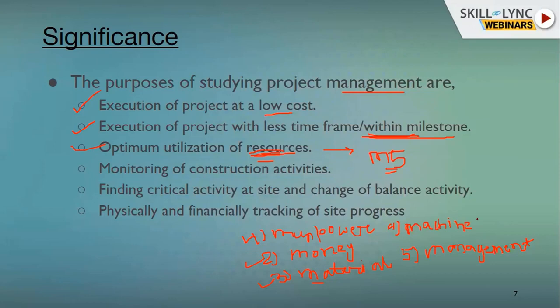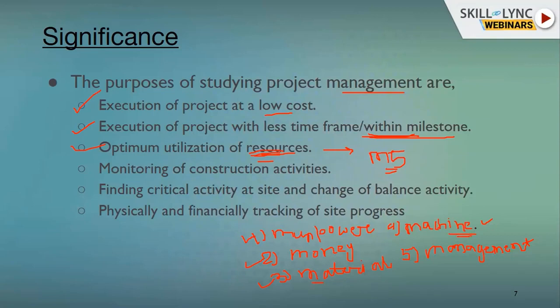For machinery, we will see how to work out and increase the productivity of different machines, and how, using this productivity, we can check the number of machines required for any particular project. The machine part basically includes plants and machinery.